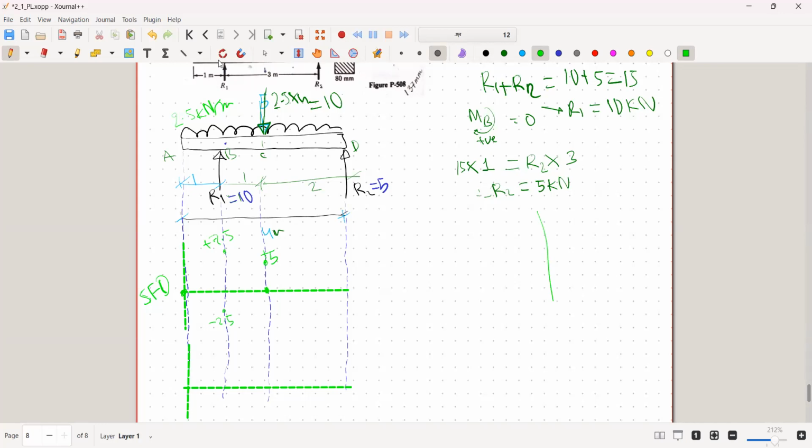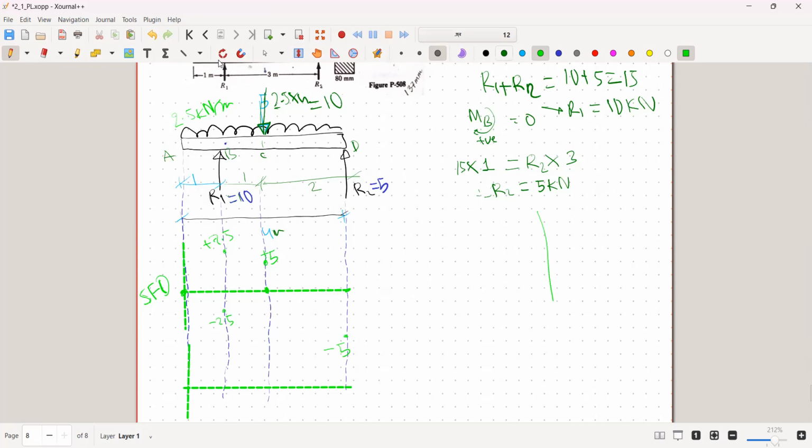From C to D, 2.5 times 2 is 5, so it's negative 5. As you can see, at point D there is a concentrated load acting. Now we add the reaction 5, so minus 5 plus 5, so it's 0.